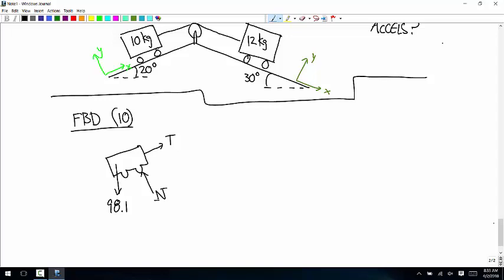When we calculate the acceleration vectors of each of those two carts, it's going to look like they have the exact same acceleration. That's not exactly true because they have different coordinate systems. But the acceleration of the 10 in its coordinate system is the same as the acceleration vector of the 12 in its coordinate system.